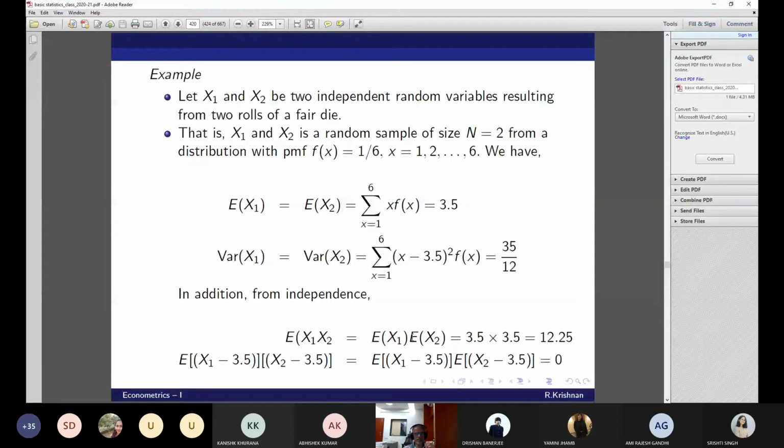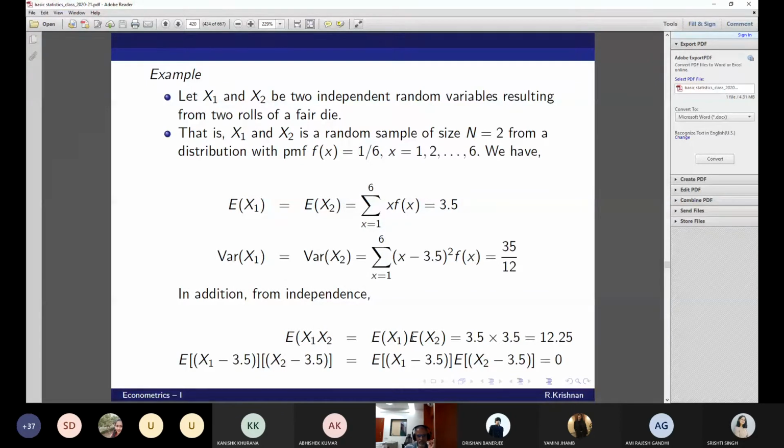Okay, now this is exactly the example. Go through it. It's quite simple actually. Let x1, x2 be two independent random variables resulting from two rolls of a fair die. That's it. Sample size of 2 here. Distribution with PMF f(x) equal to 1/6. Then we have expected value of x1 equal to 3.5 and variance of x1 equal to 35/12.